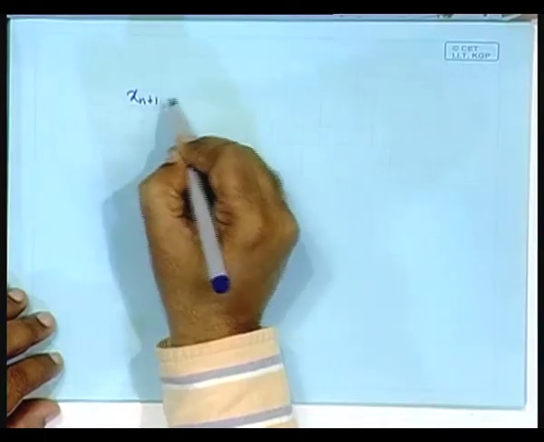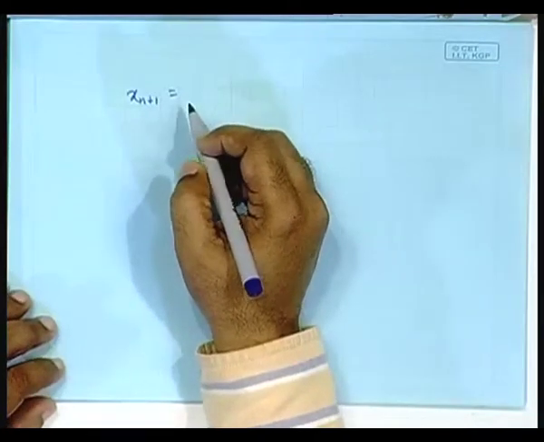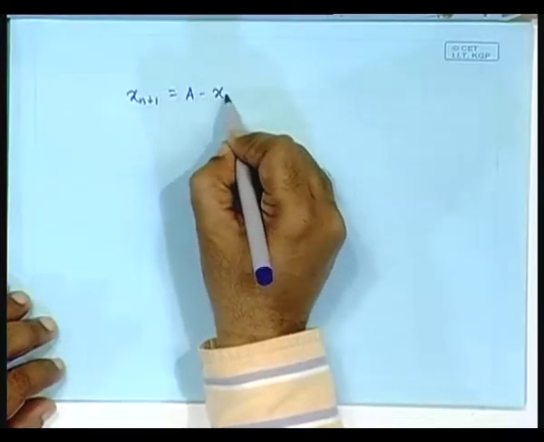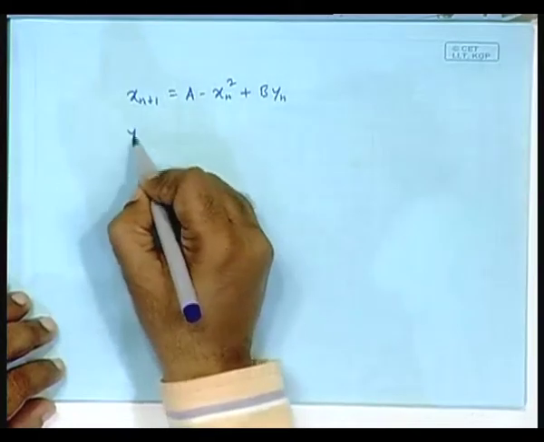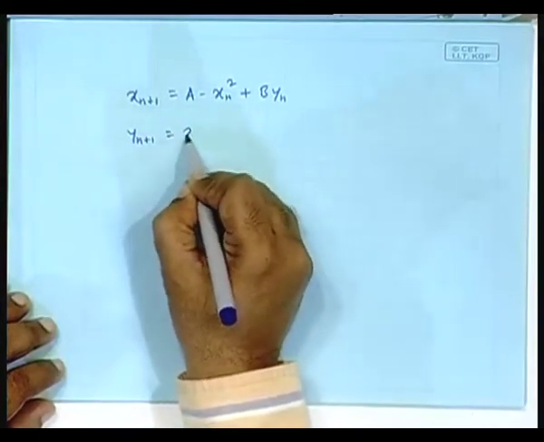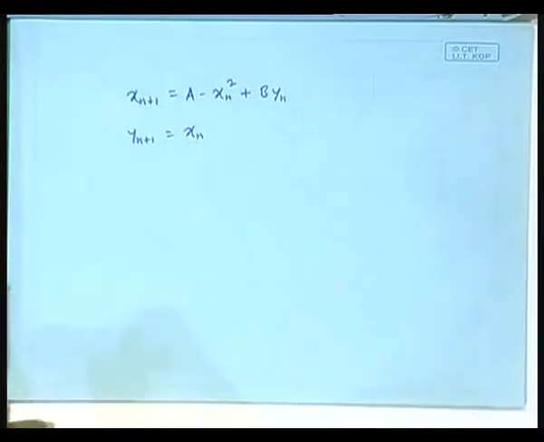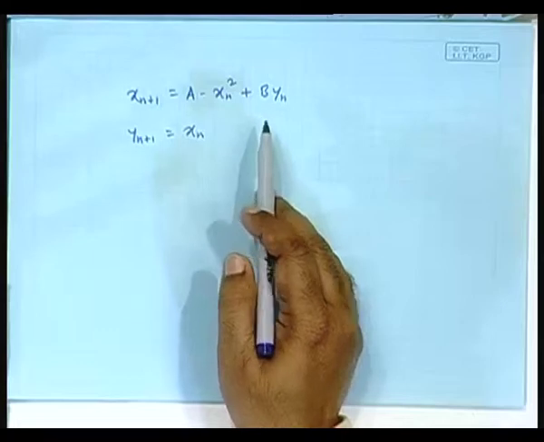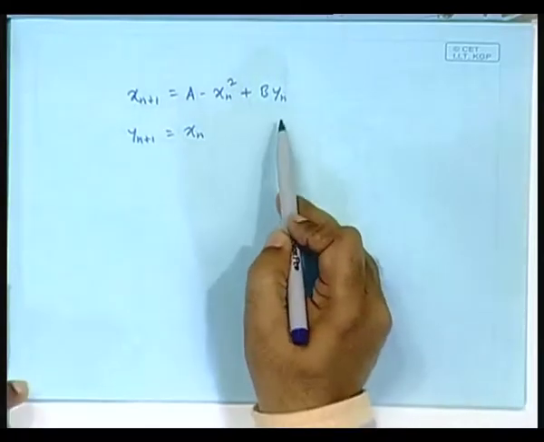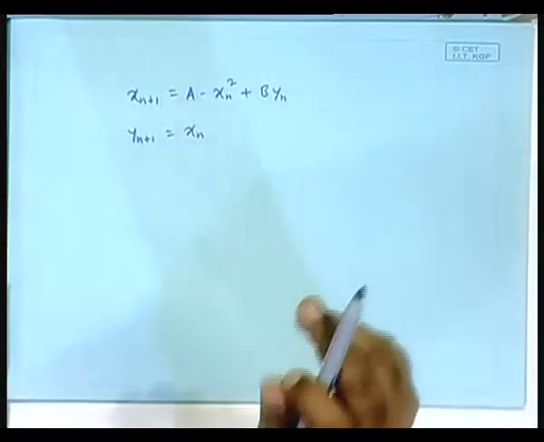Okay, how did I write it? x n plus 1 is equal to a minus x n square plus, and y n plus 1 is equal to x n. And we had done the exercise the last day where we had obtained the positions of the two fixed points.